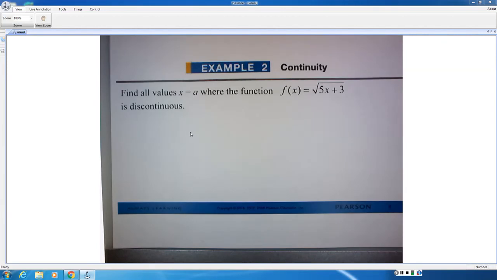This one's a little trickier because I didn't show you a graph. Graphs are easier to tell where the discontinuities are because we kind of visually know. But unless we graph the square root of 5x plus 3, we do not visually know where that function might be discontinuous. So we could graph the function, and it will back up what we're going to figure out, but we're going to figure this out first algebraically.